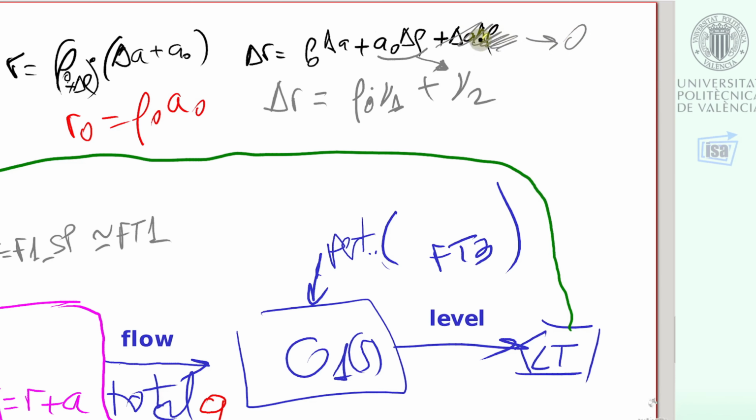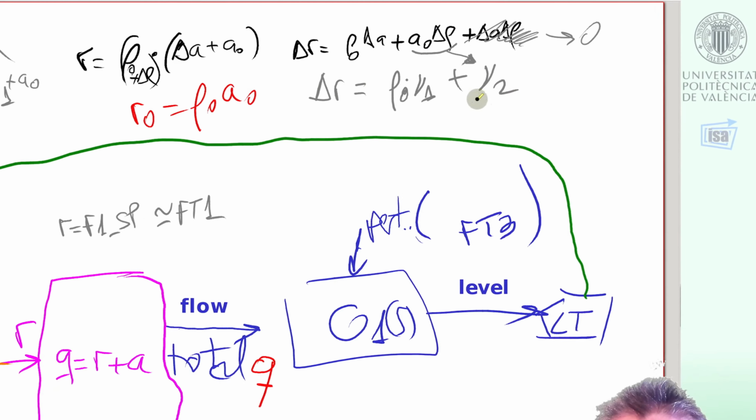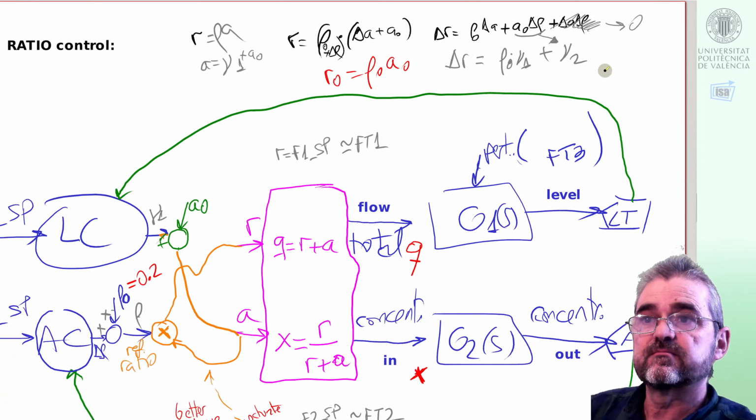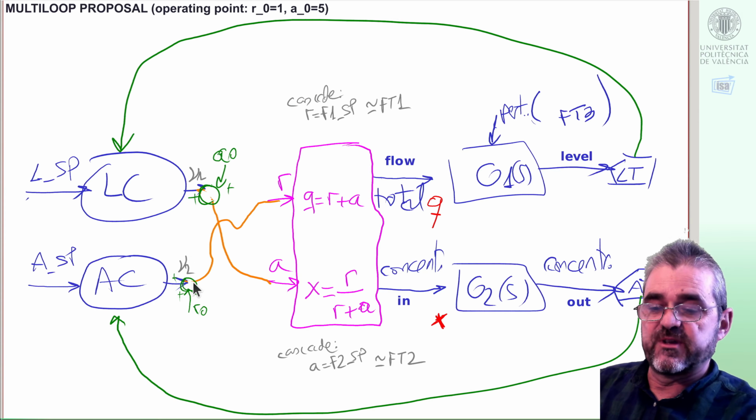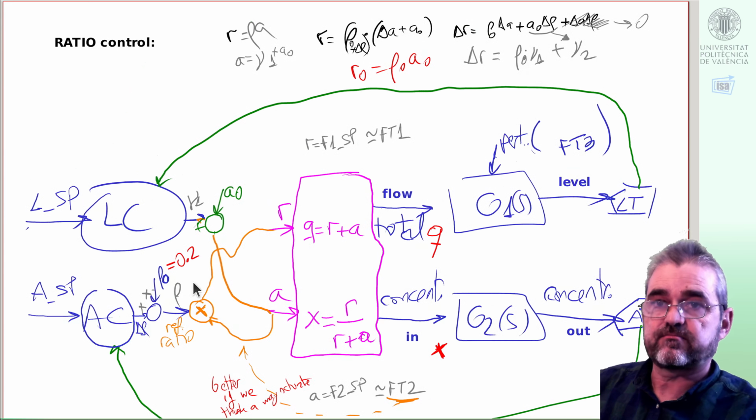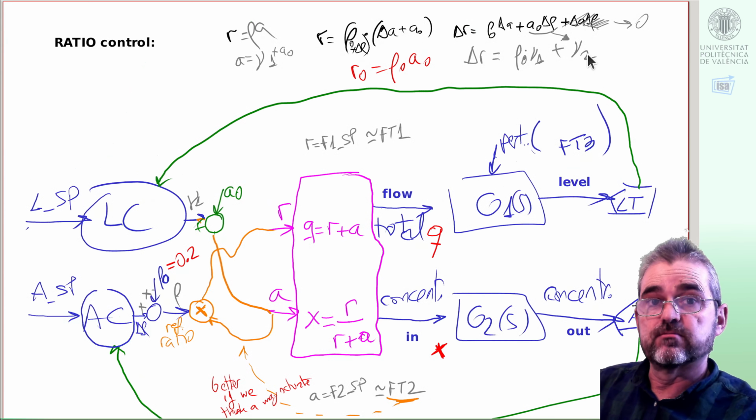Then, dismissing that term, we get that the increment of reagent is rho 0 times nu1 plus A0 increment of ratio, that, well, I will call it nu2. Why do I call it nu2? Well, because if I try to understand what we are doing here, in the multi-loop block diagram, the reagent increment was some nu2 stuff, so we will identify that nu2 with this nu2.